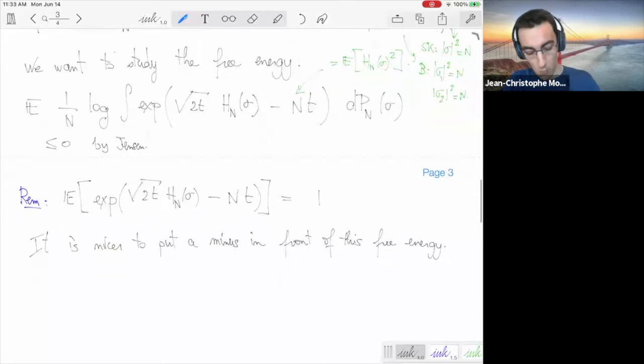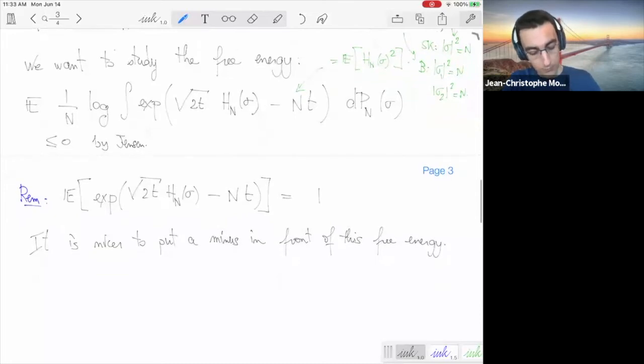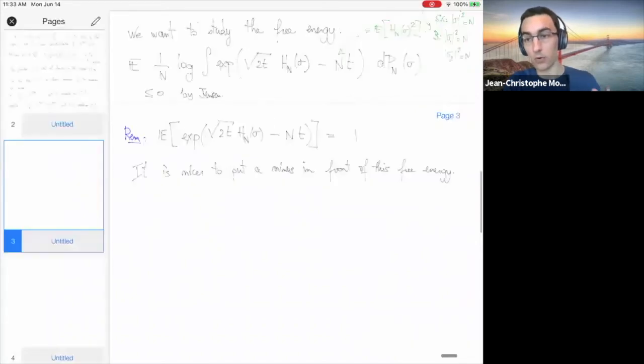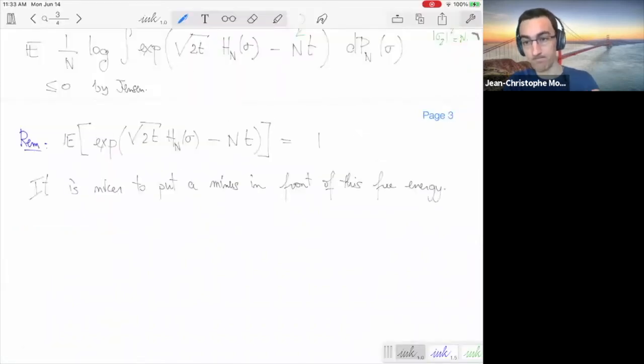So perhaps one way to have some intuition for what to do is, I'll write it down and you can scream if you find this unreasonable, but I think it's a reasonable guess.